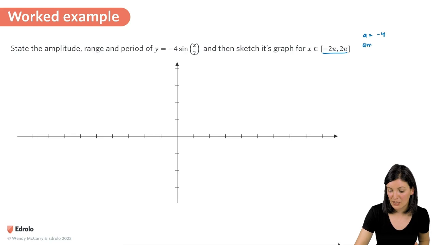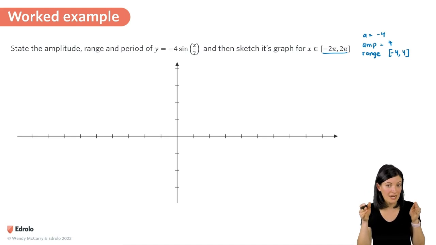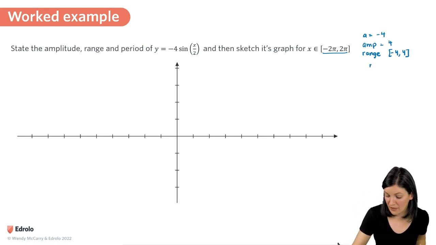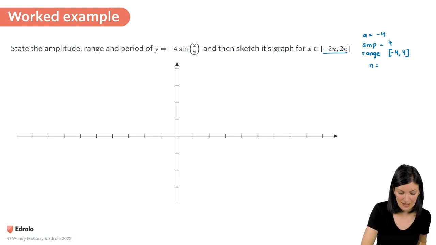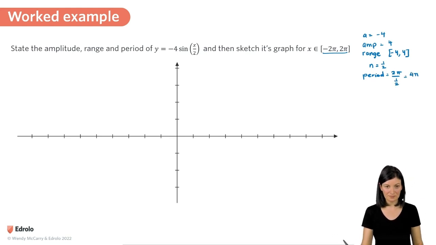That tells me I've got an amplitude of 4, and my range is between -4 and 4. And then I just need to keep in mind that that negative is telling me that the graph's going to be reflected. Now my value of n in this case is, you can see I have x over 2, so n is 1/2. That tells me about my period, which is 2 pi divided by 1/2, which is 4 pi.